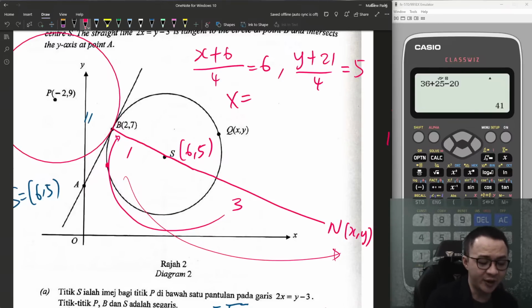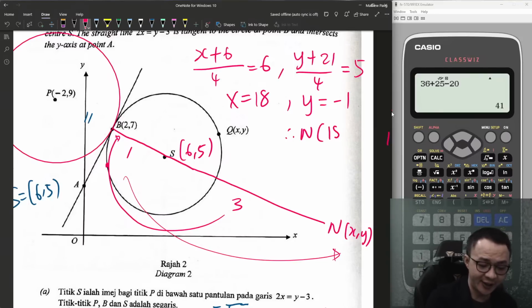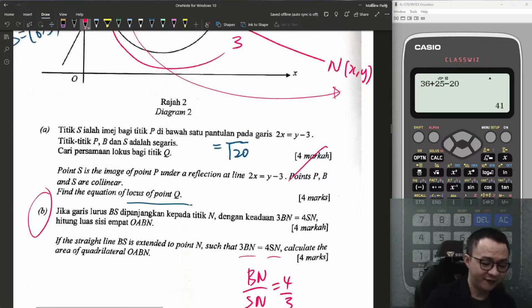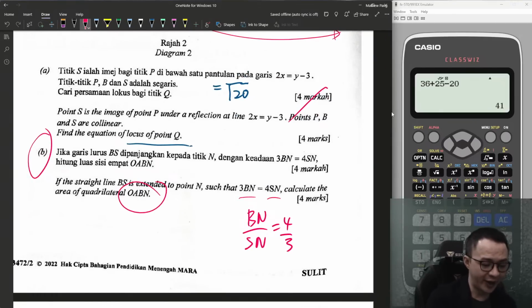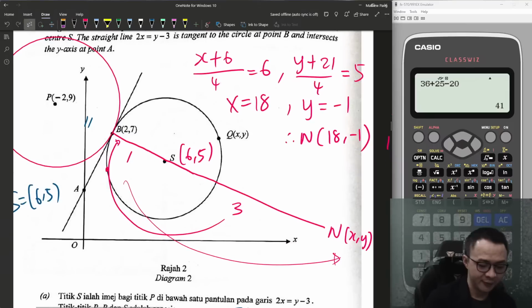So x is 24 minus 6, which is 18, right? This is 20 minus 21, which is -1, right? Okay, so I got the coordinate N is (18, -1). Then I can finally find the area of OABN.